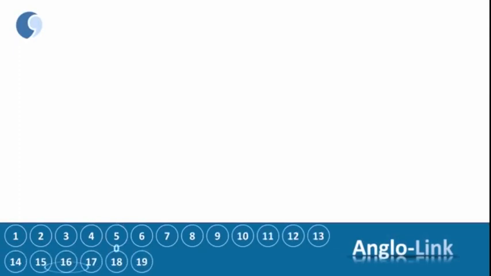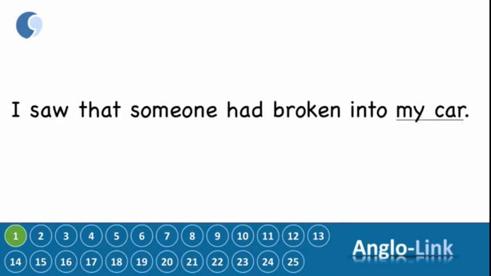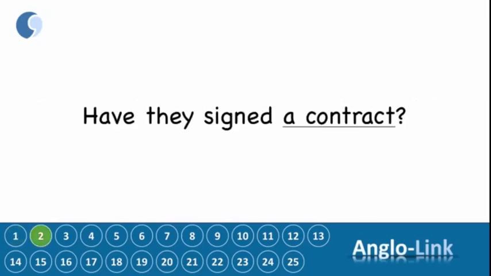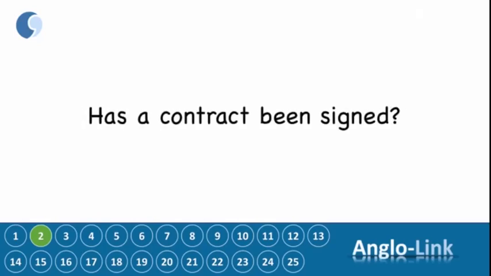Passive voice exercises. Change the following sentences from active into passive. Number 1. I saw that someone had broken into my car. I saw that my car had been broken into. Number 2. Have they signed a contract? Has a contract been signed?